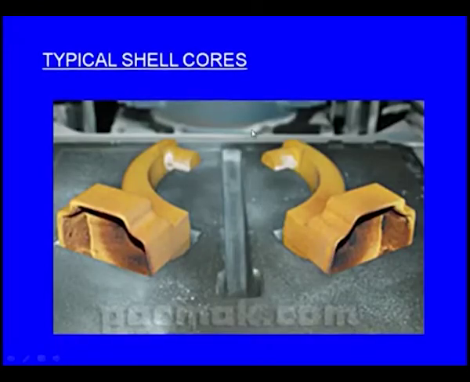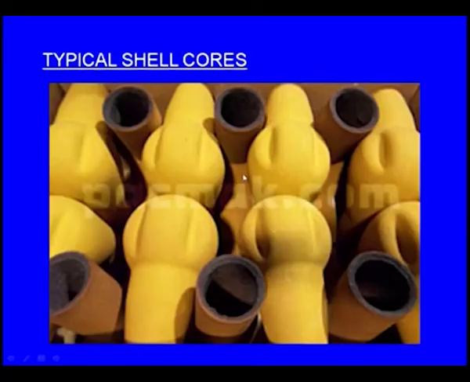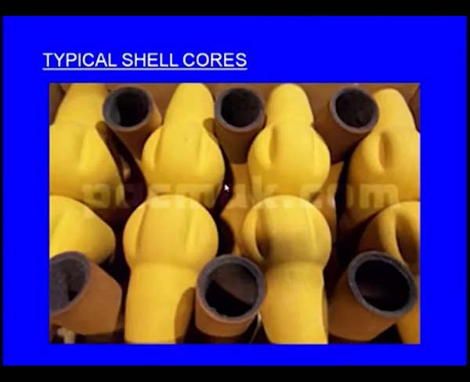You can see here, this is one half, this is another half. This is a shell core, and these are all shell cores. Inside they are hollow, but externally they offer the required shape and geometry. The important benefit is they are light in weight, can be handled very easily, and do not consume excessive sand.